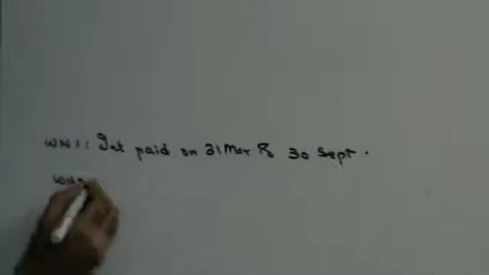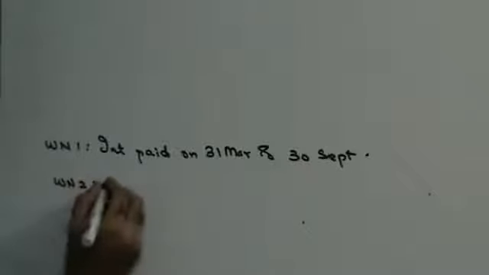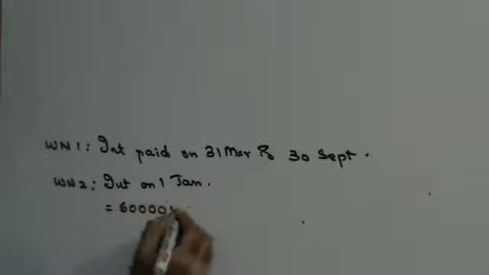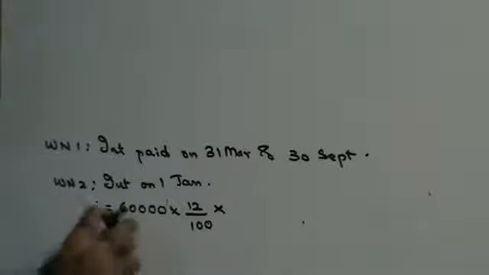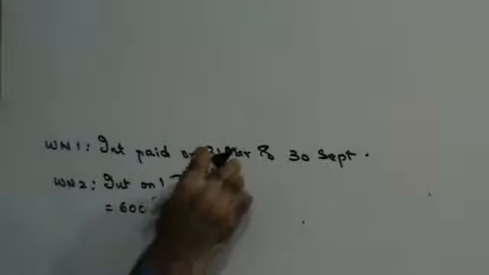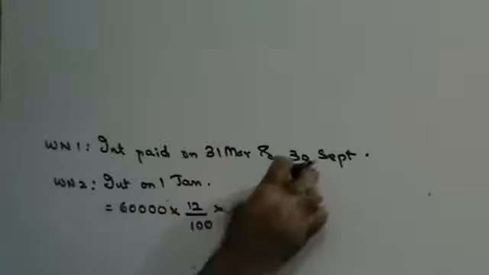Let's make the interest due. Interest on 1st Jan. You have securities of 60,000. These are 12% securities, and you have to check the closest previous date. The last date when the interest was paid was 30th September.